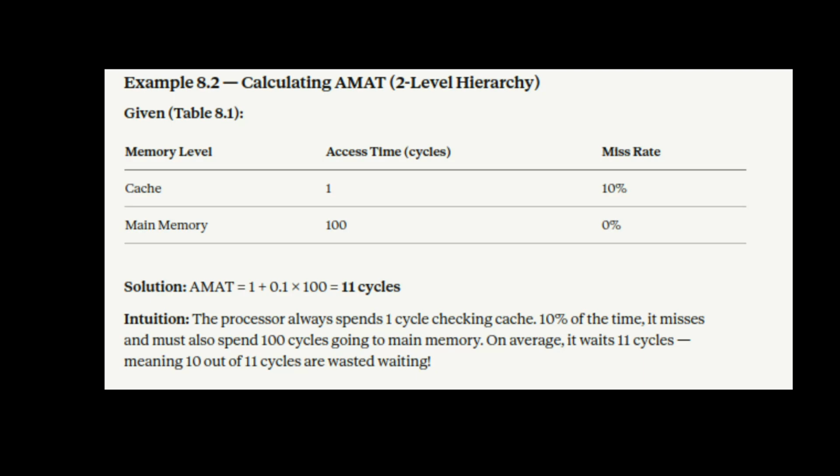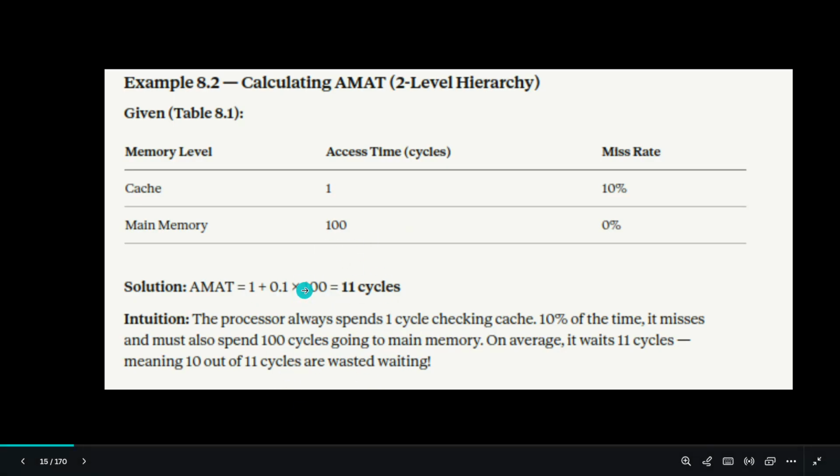First we access from the cache, so it is 1, plus the miss rate of cache, that is 10%, 10 divided by 100, 0.1, into accessing from the main memory, that is 100. In this way you can calculate the average memory access time for a 2-level hierarchy.